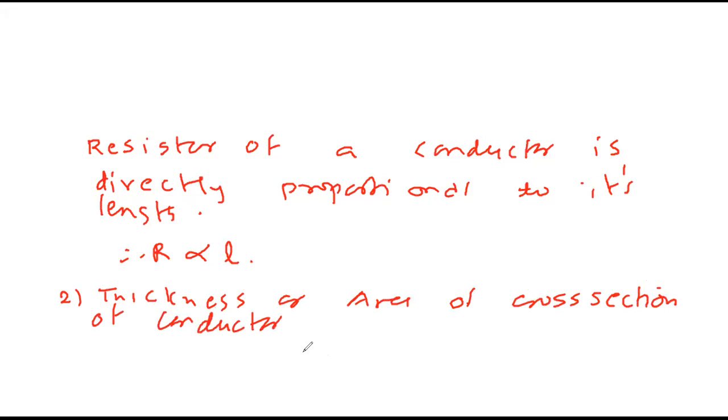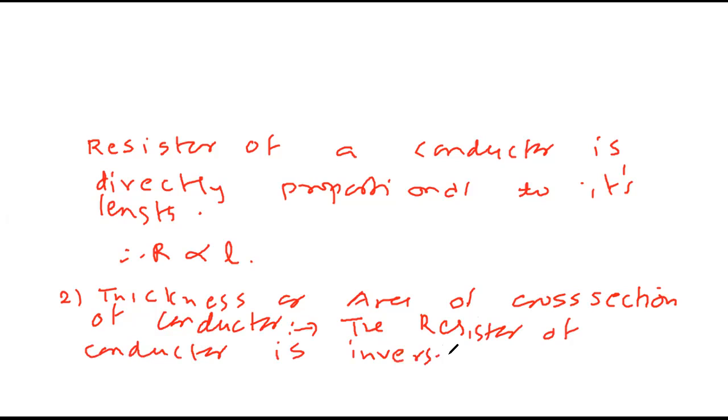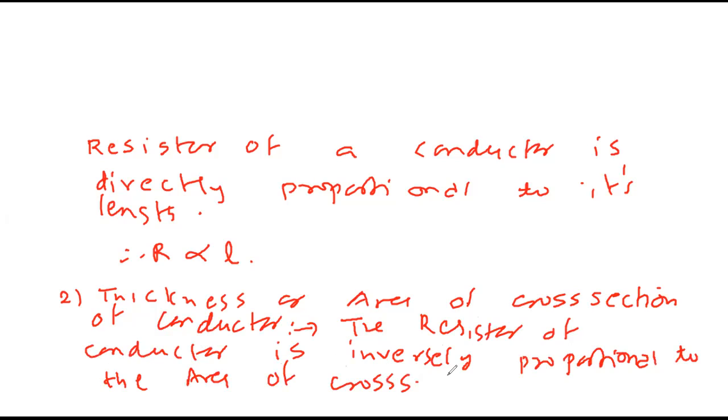The resistance of a conductor is inversely proportional to the area of cross section of the conductor.